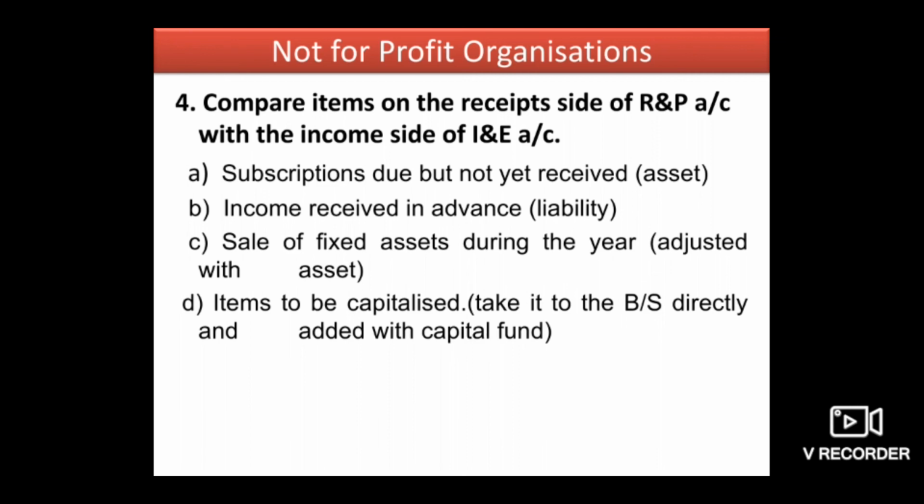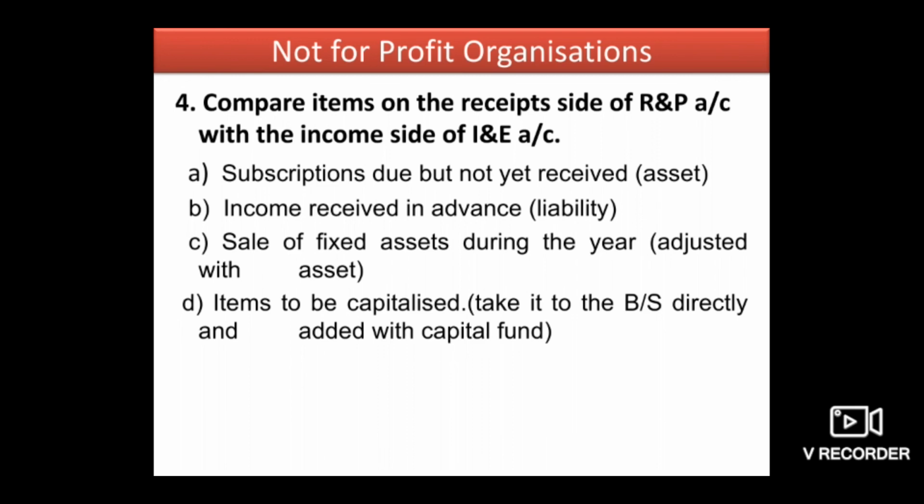Then sale of fixed assets during the year. If any sale occurs of a fixed asset, that sale should be adjusted with the asset, and the information regarding that sale will be taken from the receipt side of the receipts and payments account.